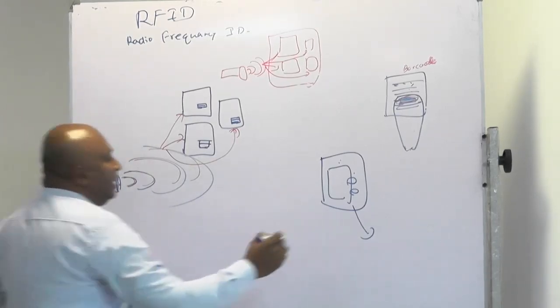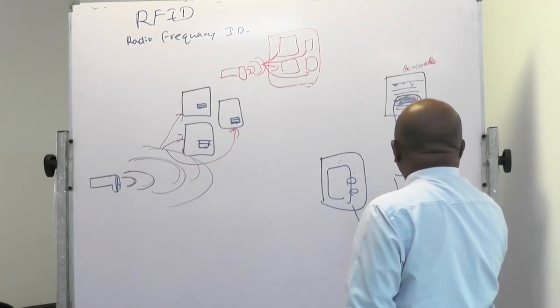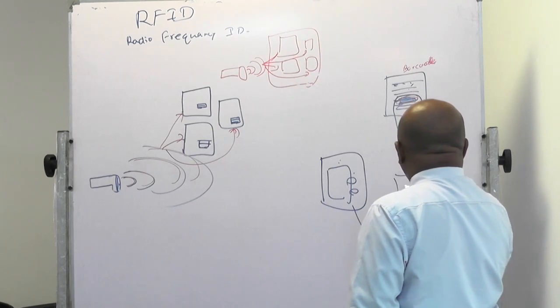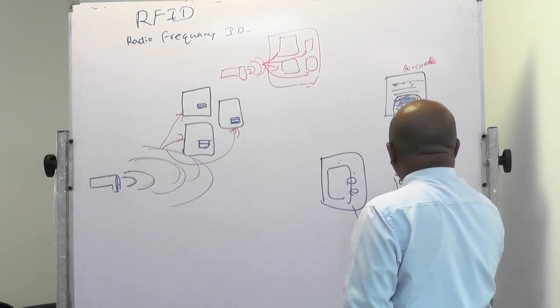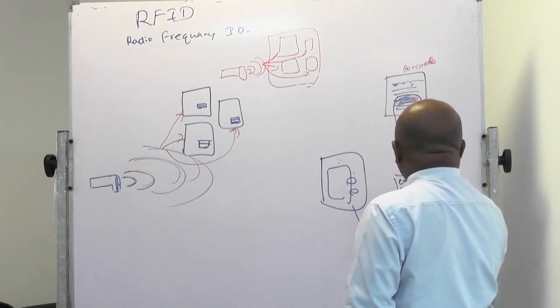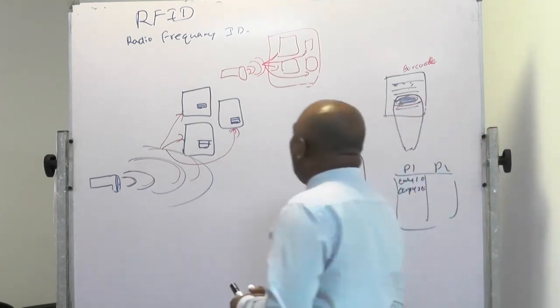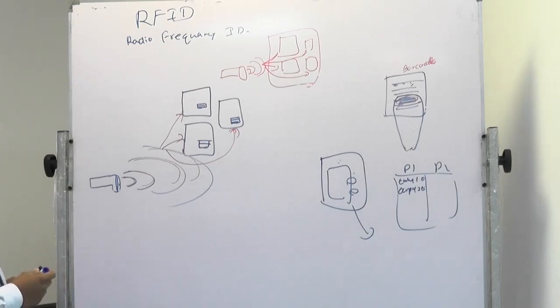Then in total, on the screen they can identify parking slot 1, parking slot 2, how many empty places, say 10 empty and 20 occupied. Likewise those details can be fetched. All these things are handled using RFID.